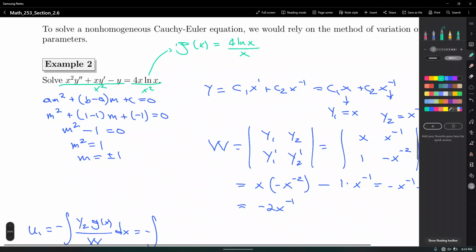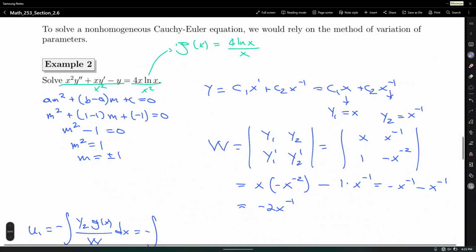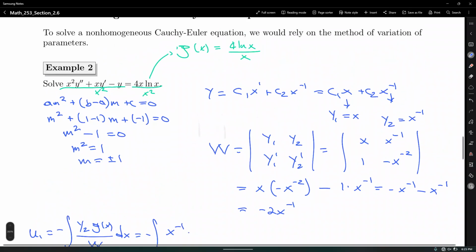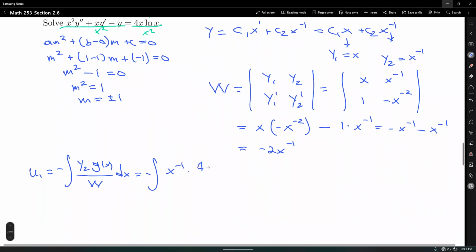So that is y sub 2, which is x to the negative 1, times g of x, which is 4 ln x over x, divided by the Wronskian, which is negative 2 x to the negative 1. There's a bunch of negatives going on here and a lot to simplify.